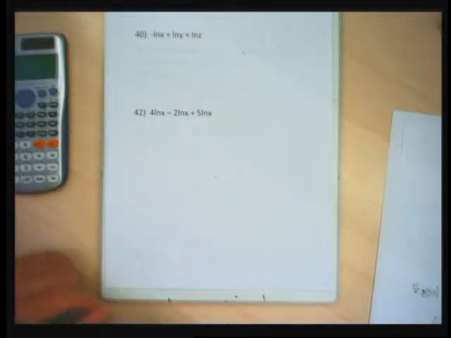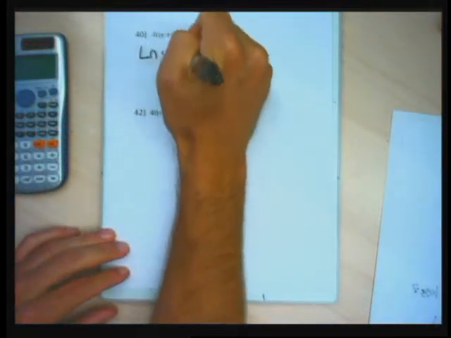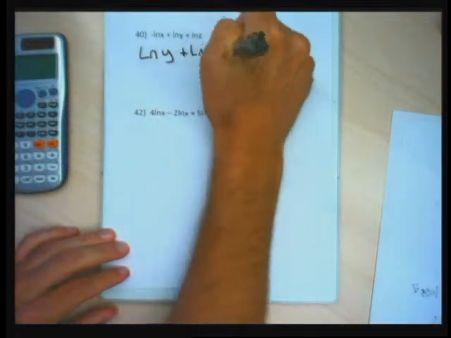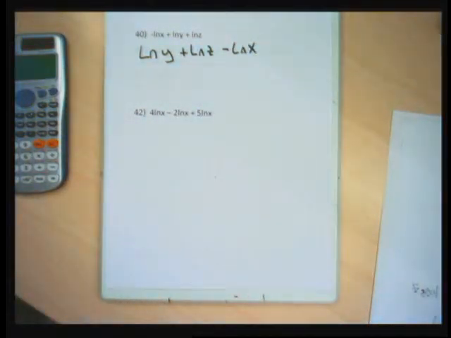I have some flexibility of how I handle 40. I would think of it like this: ln of y plus ln of z minus ln of x. If I didn't have that x first, it would be easier to know what to do with it. On problem 40, there's no exponents that I need to make into coefficients, so I don't have to do that first step.